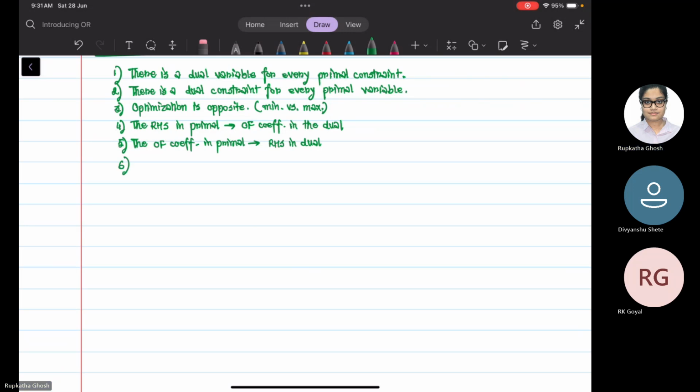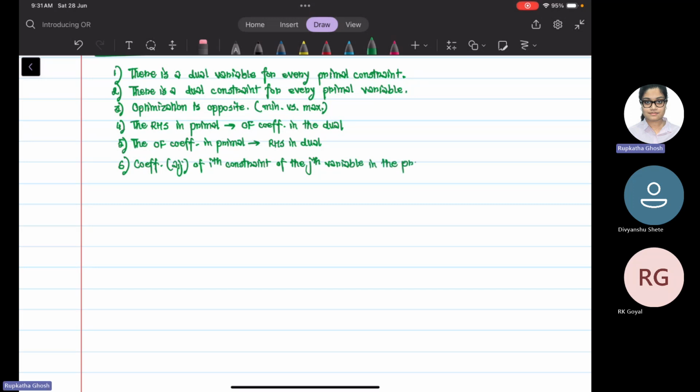And the coefficient, let's say some Aij, of the ith constraint of the jth variable in the primal.